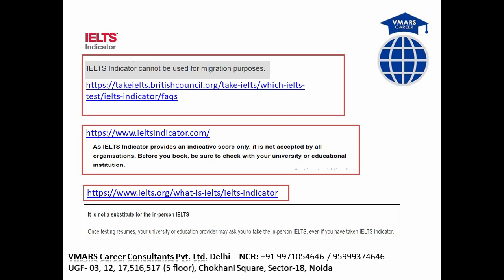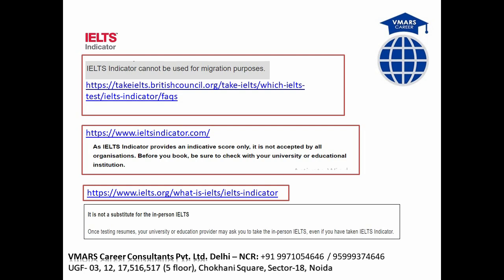I have gone through the British Council website, and this is what is written there: this test cannot be used for migration purposes. The sole purpose of this test is to submit your language proficiency along with your documents to the institute to secure your position or to get an offer letter.